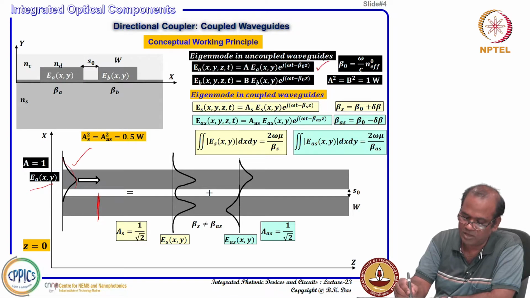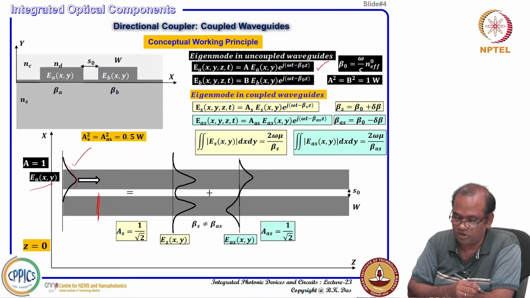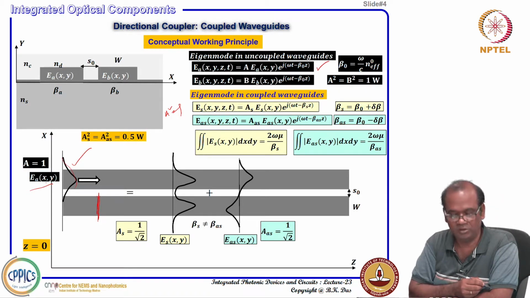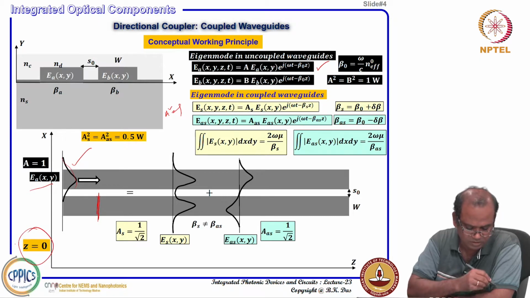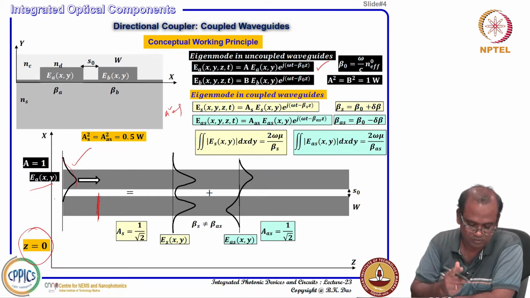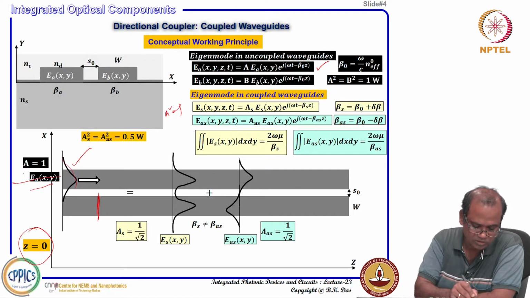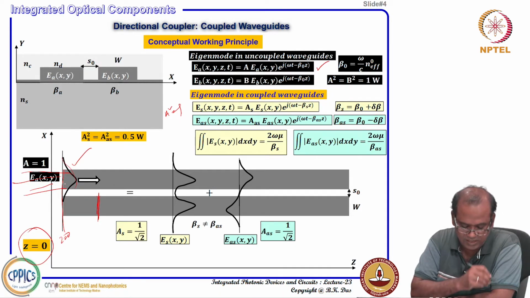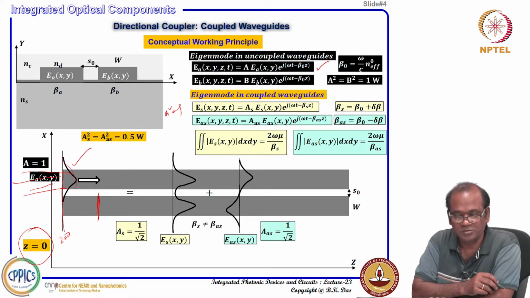When it is not coupled, A square equals 1 watt, so A equals 1. At Z equal to 0, just when it is starting, the two modes couple. Suppose it is extended here, you are launching like this and it has started coupling here, this is Z equal to 0. What happens?